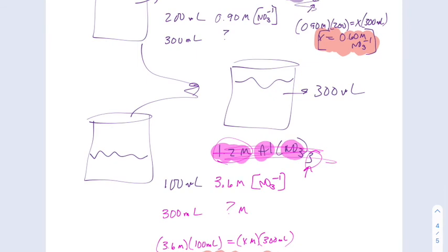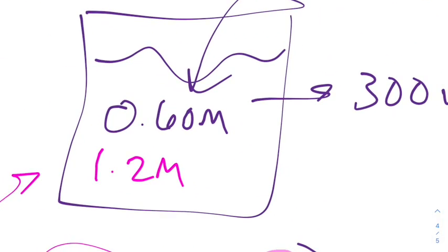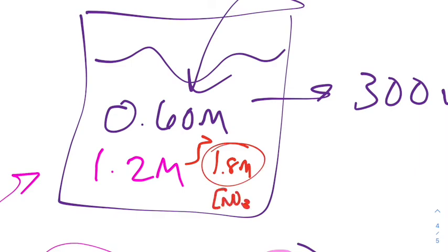From the top equation, the nitrate is going to be 0.60 molarity. But from the bottom equation, the nitrate is going to be 1.2 molarity. If part of it is 0.6 and the other part is 1.2, all you do is add them up and combine them, and your final concentration is 1.8 molarity for the nitrate ion.